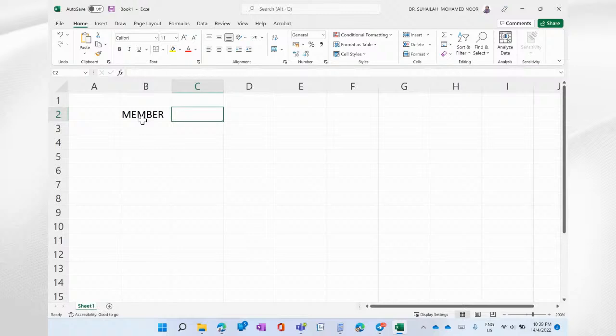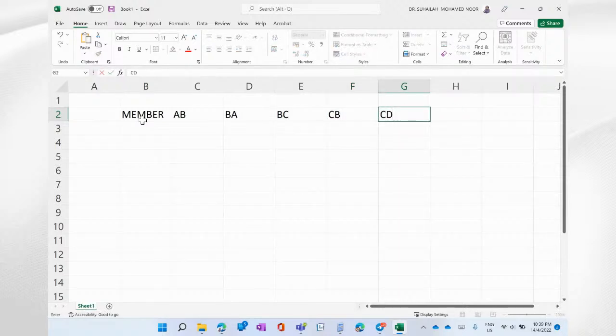There are three members, means six ends: AB and BA for member number 1, BC and CB for member number 2, CD and DC for member number 3.